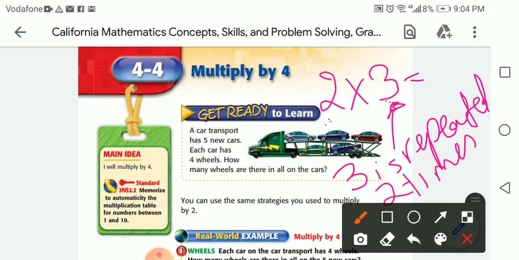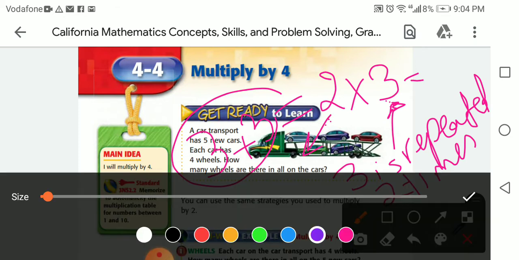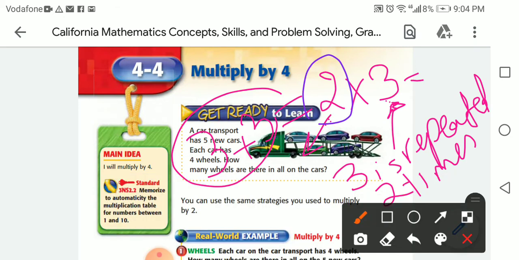So in other words, we have here 3 plus 3. It's the same as 2 multiply 3. And if 2 is repeated how many times? 3 times. I can say 2 plus 2 plus 2.